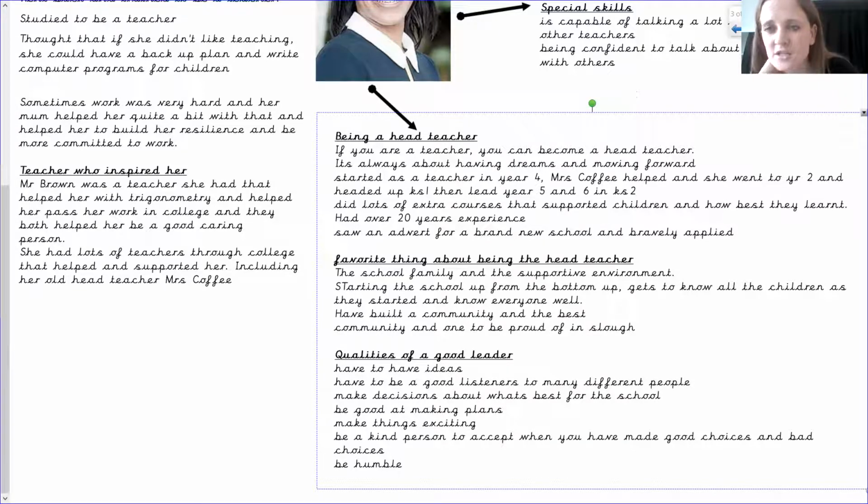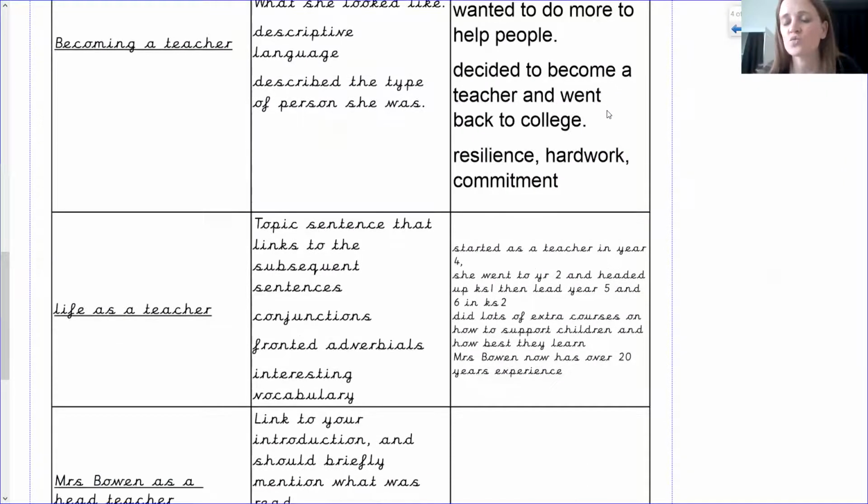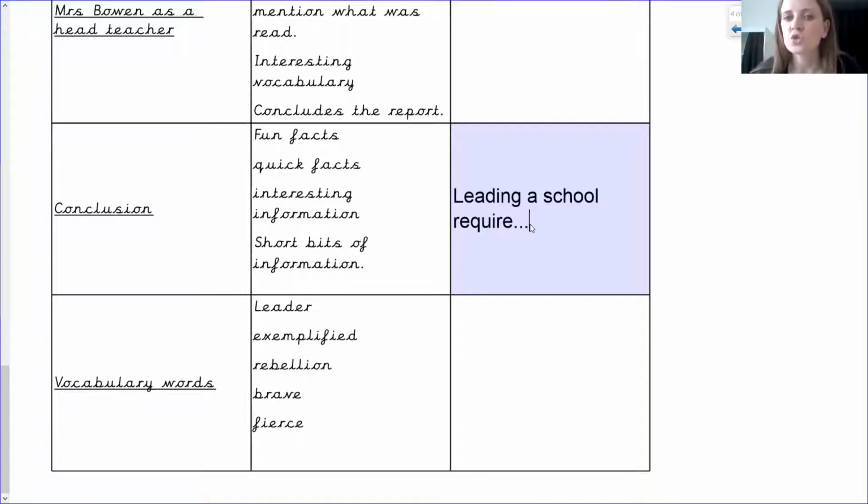And we could link that to the fact that that is the type of person Mrs. Bowen is. And in these ways, it shows that she's a really good leader of our school because she exemplifies, and that is one of our vocabulary words from our story map, she exemplifies what a good leader is. So that would be obviously the conclusion to our non-chronological report.